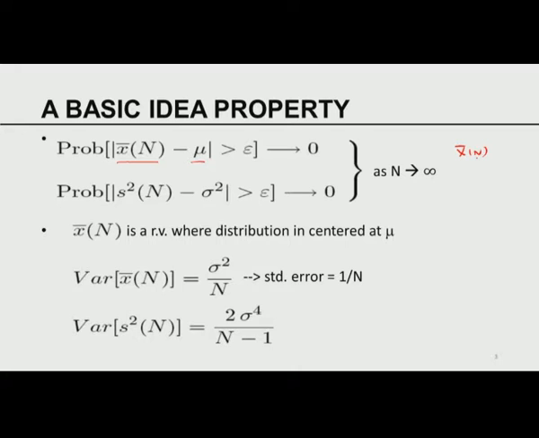Likewise, if I consider the sample covariance estimated using the formula in the previous page, the probability that it differs from the true variance by a quantity epsilon goes to 0 as n goes to infinity. So what does it mean? Both the sample mean and the sample covariance become ever closer to the true mean and the variance as the number of samples goes to infinity. This is a very simple fundamental fact.